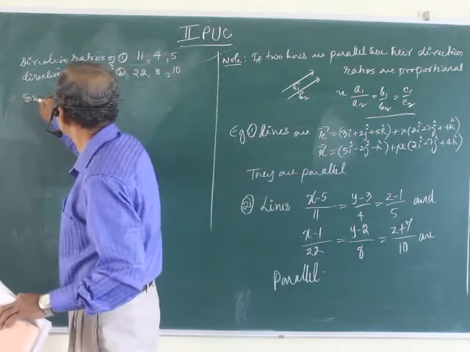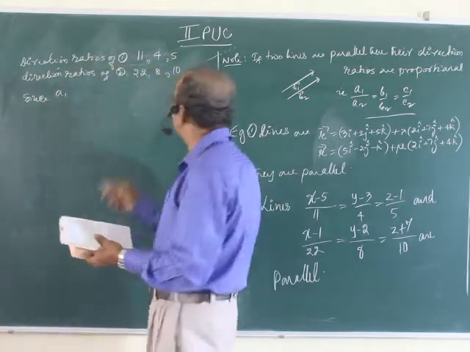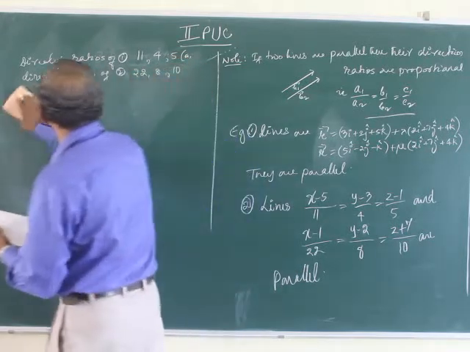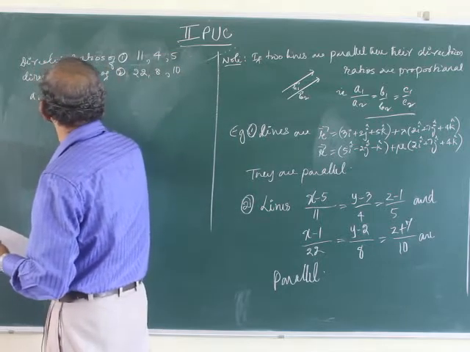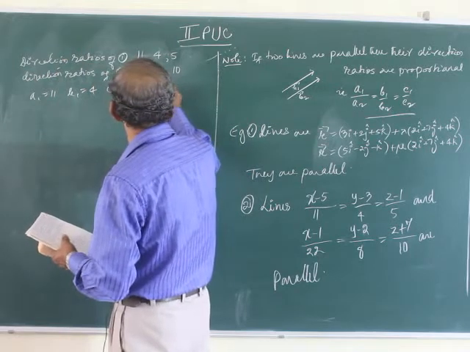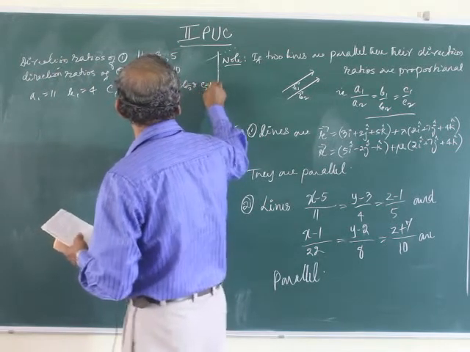I have not given A1, A2, but if you want: A1 11, B1 4, C1 5, A2 22, B2 8, C2 10.